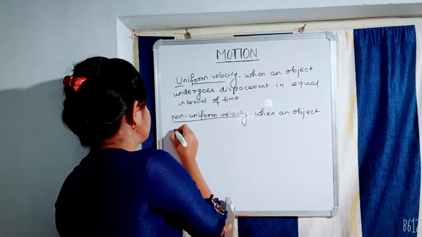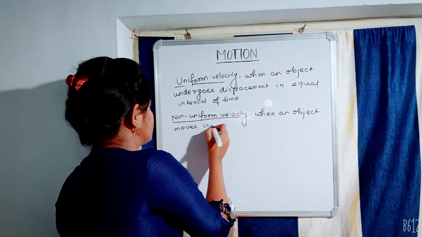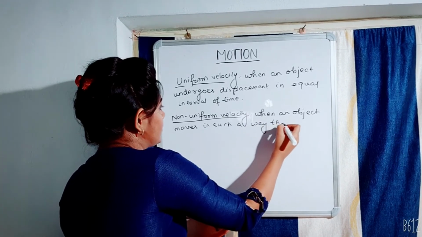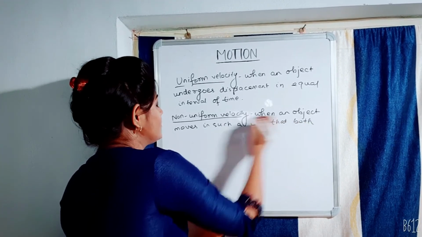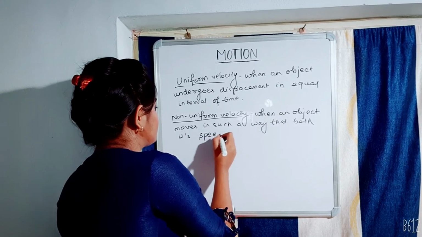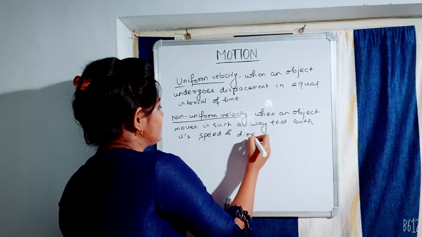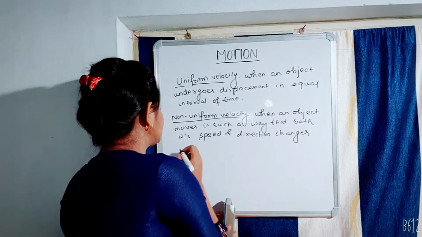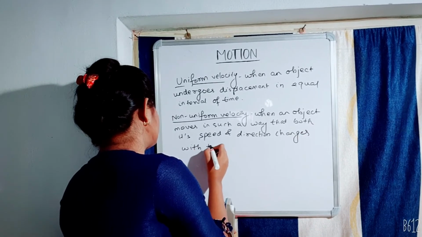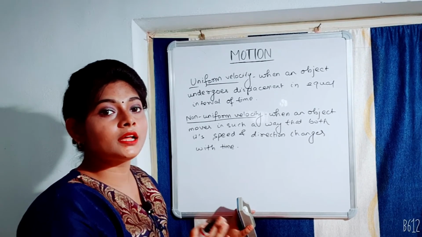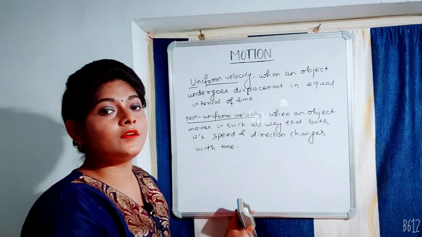When an object moves in such a way that both its speed and direction change with time. Here another term is there, that is average velocity.